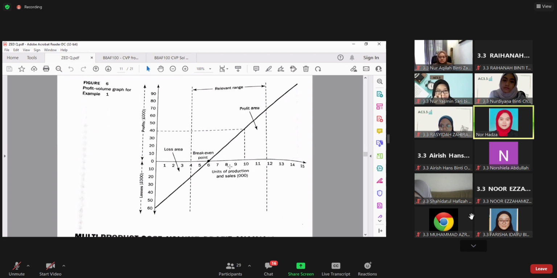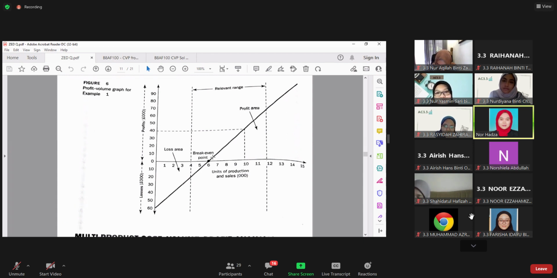So instead of calculating a number of units, you can see the overall view on the break-even point. At 6,000, how much would be the profit? If 12,000 units, how much would be the profit? Okay, can you see? All right.